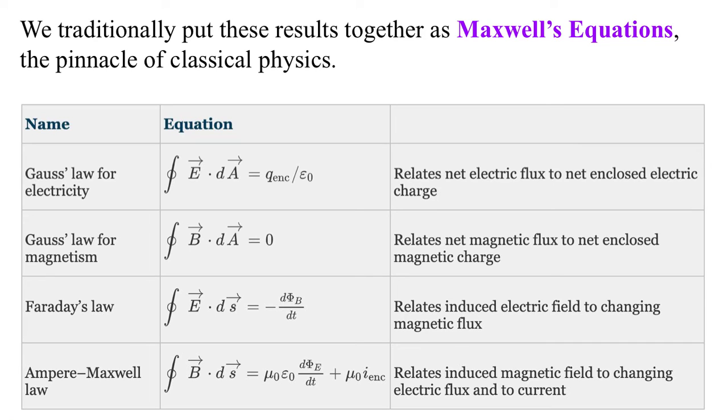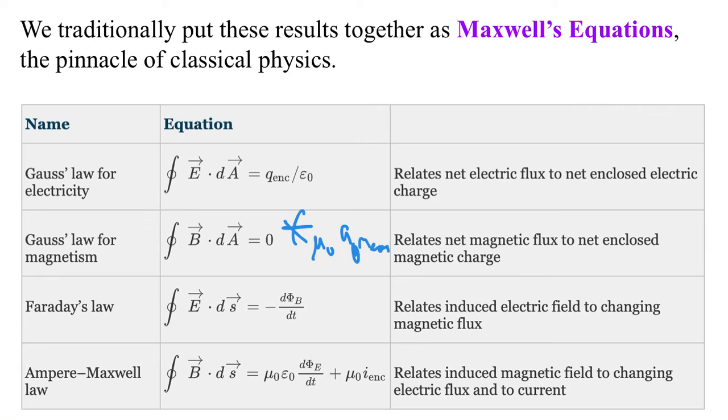You can kind of see a couple of places, which I'll mark with asterisks. If there were monopoles, you'd have a change here, because you'd probably have something like, and I don't know if this is true, mu times the magnetic charge, whatever that is, instead of 1 over epsilon. You'd probably have mu naught times the magnetic charge.